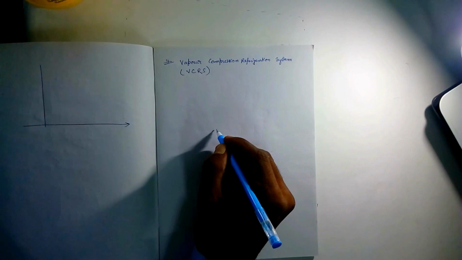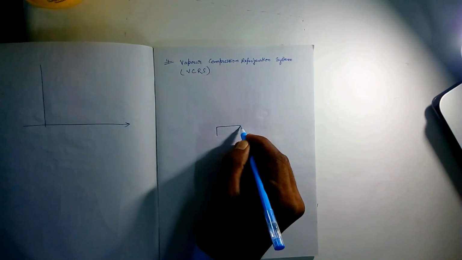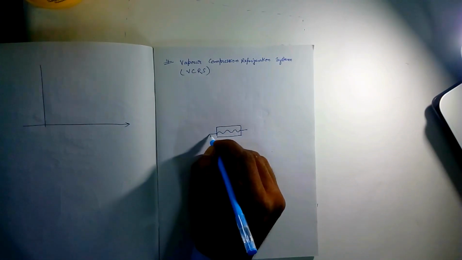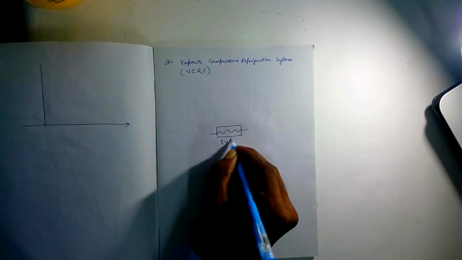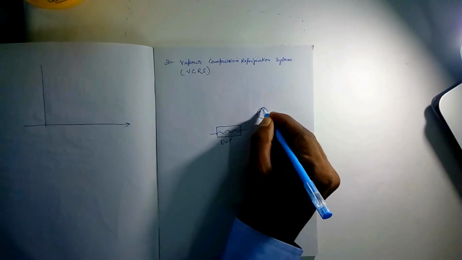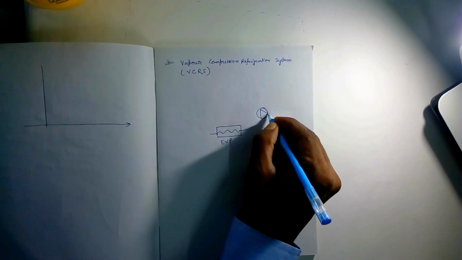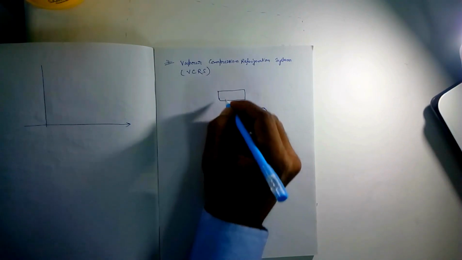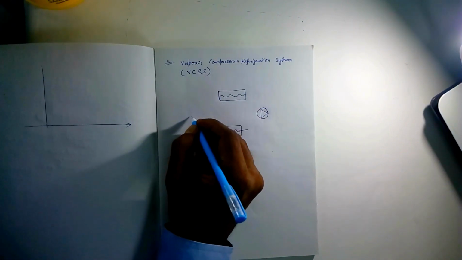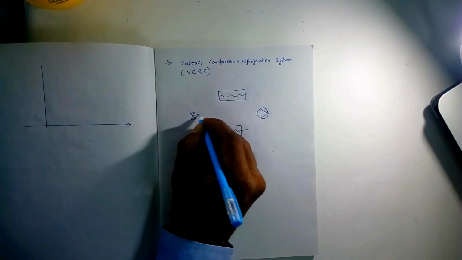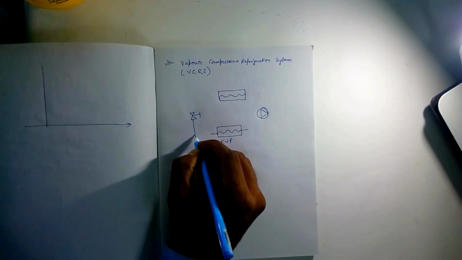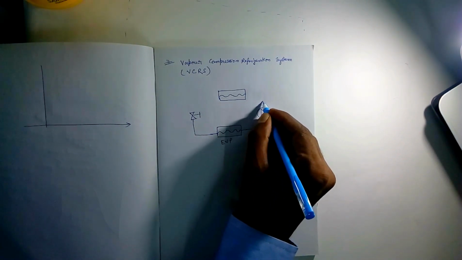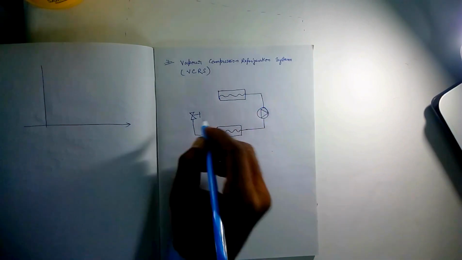Okay, so this is my evaporator. We have the evaporator here, we have the compressor here, we have the condenser here, and we have the expansion valve here. By connecting these four components, we complete the drawing of VCRS.